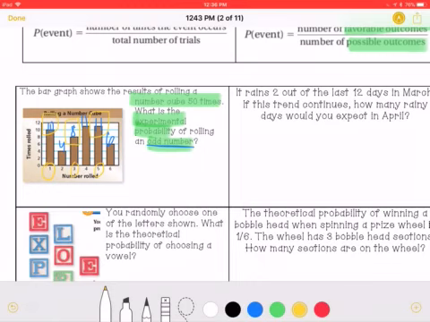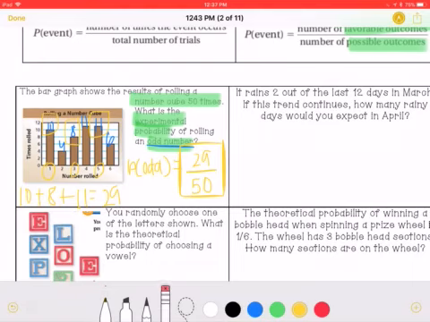So to figure out the probability of rolling an odd, we're going to add 10 plus 8 plus 11. When you add those together, you get 29. So the probability of rolling an odd is 29 out of how many total times did we do this? How many trials were there? 50. So our probability is 29 out of 50.